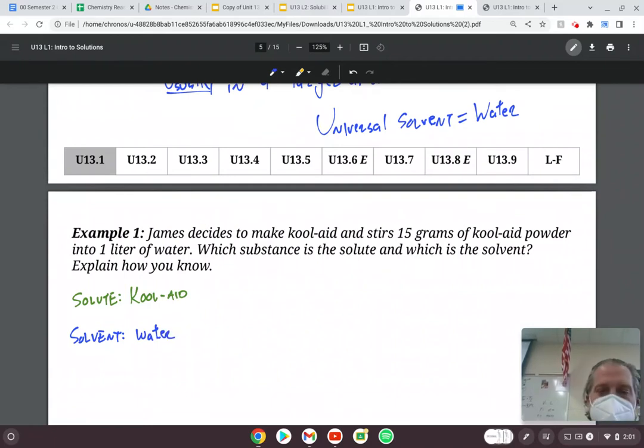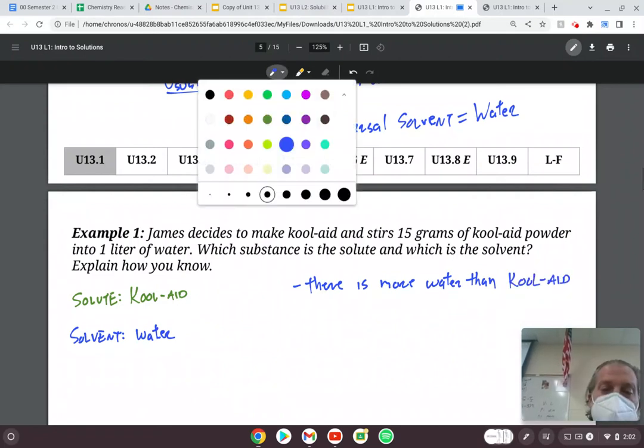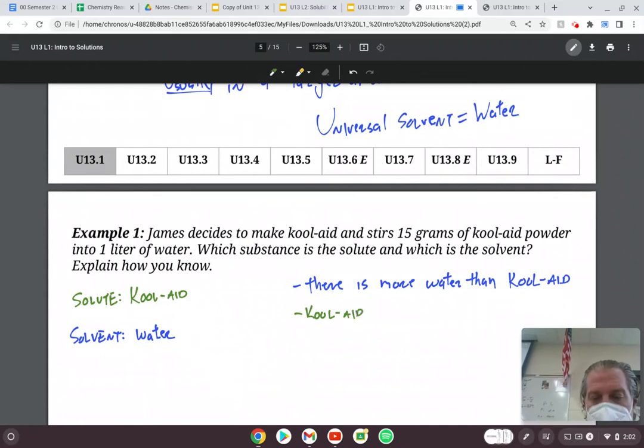Now, the evidence that we have for that would be there is more water than Kool-Aid, and the Kool-Aid is breaking down or separating into its smallest units and being surrounded by water.